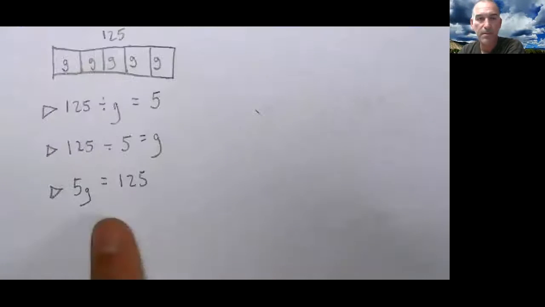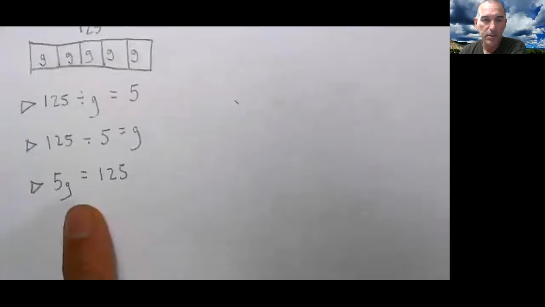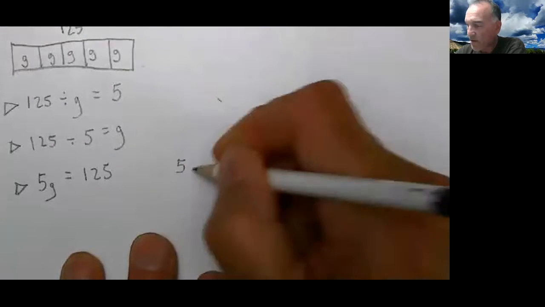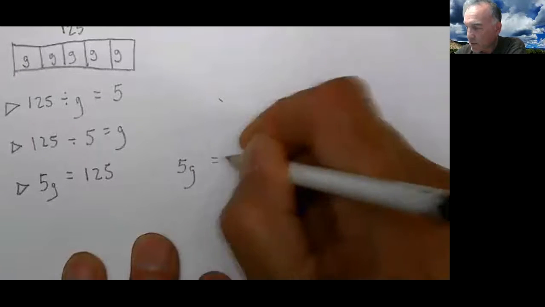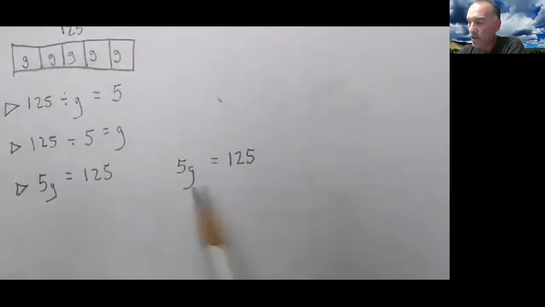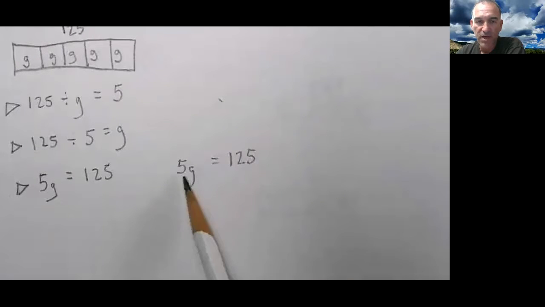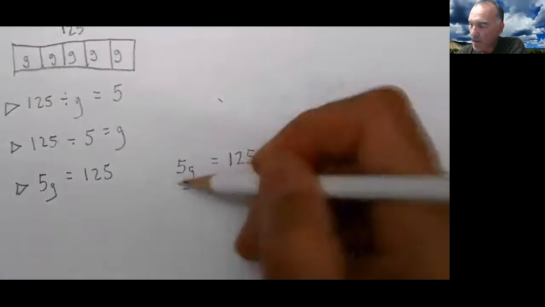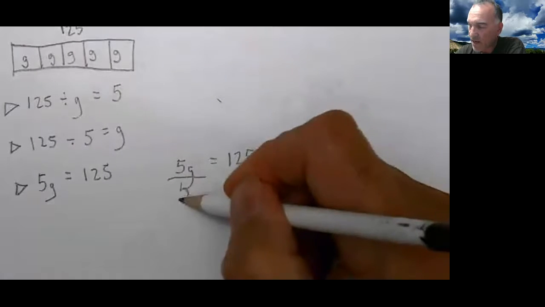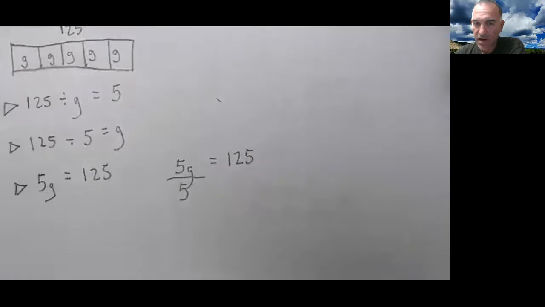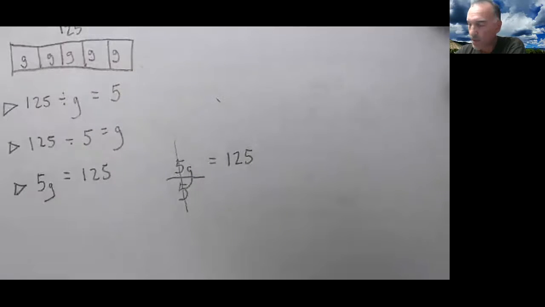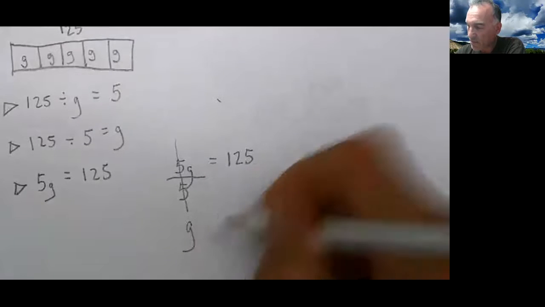Let's pick one. How about this bottom one again? So if I pull this to the side and I did 5G equals 125. I look at this. I know that that's 5 times G. How do I undo a multiplication? I'm going to divide. I'm going to divide by 5. When I do that, those 5s go away. I can bring the G down.